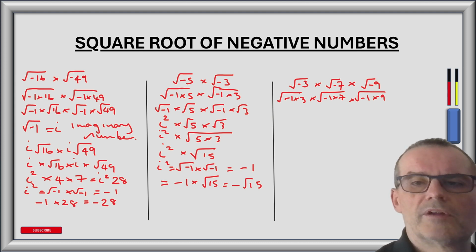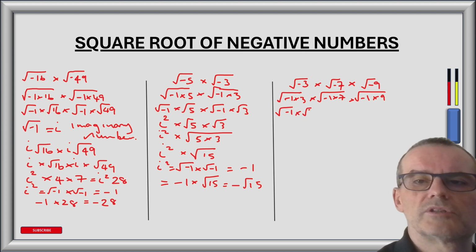So we can write this as root minus 1 times root 3, times root minus 1 times root 7, times root minus 1 times root 9.